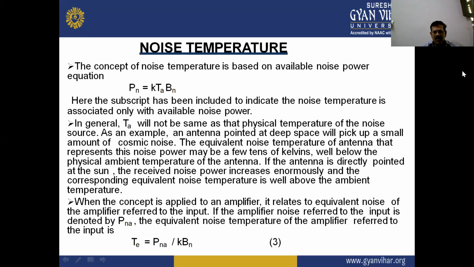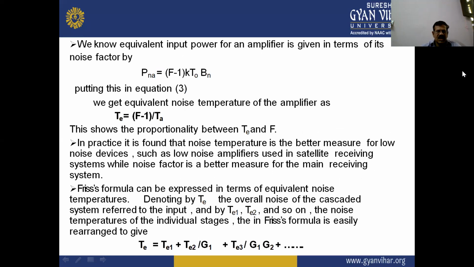If the amplifier noise referred to the input is denoted by Pna, then the equivalent noise temperature of the amplifier referred to the input is Te equal to Pna upon k Bn. So the equivalent formula is Te equal to (F minus 1) T0. This shows the proportionality between Te and F.